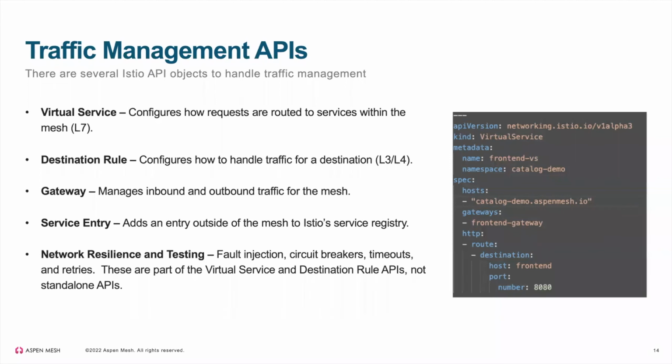Awesome. Thanks. And then the other interesting one is a service entry. There is a setting in Istio that we, being Aspen Mesh, recommend you turn on. It's called outbound traffic policy, and one of the values you can set is registry only.